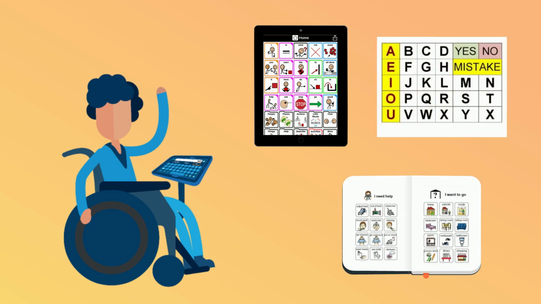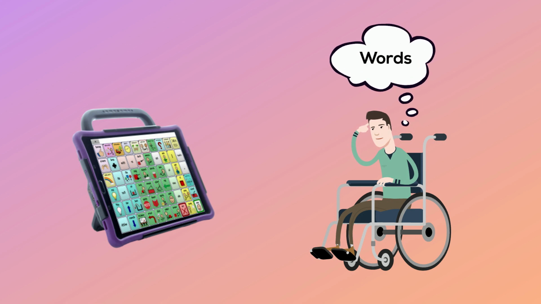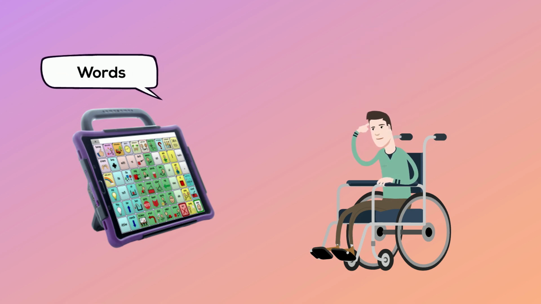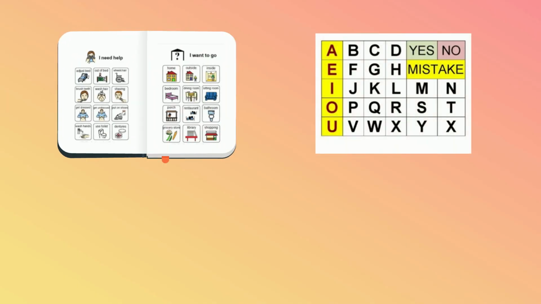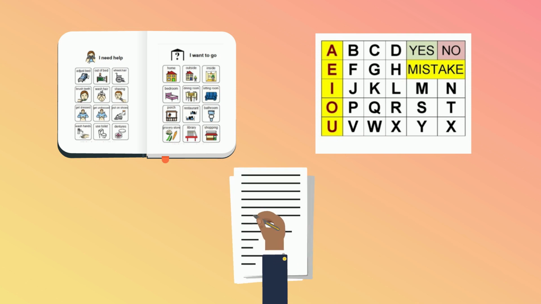We all think about what we want to ask and say to our healthcare team before a visit. If you use AAC, you can prepare for your telehealth visit by deciding what words and sentences you need to have in your AAC system. If you use a communication book or board, the words and sentences you need for your visit could be written down.